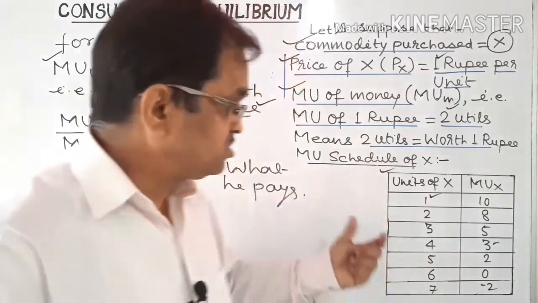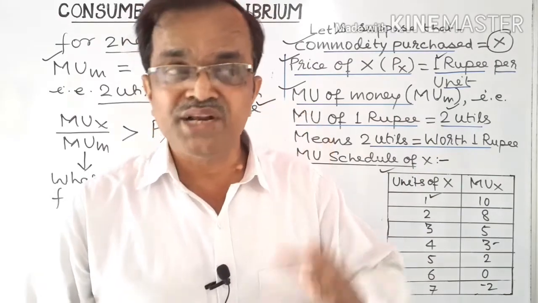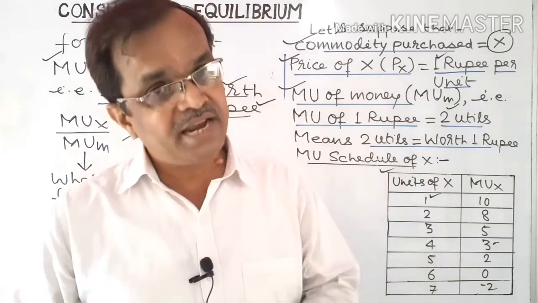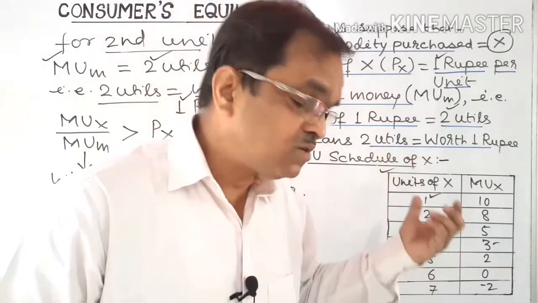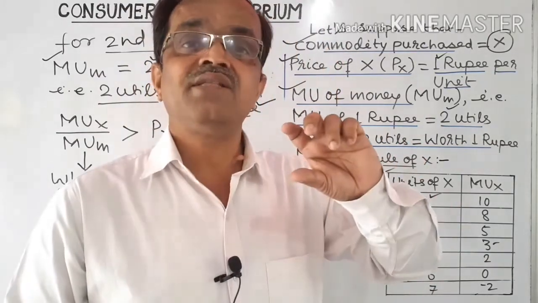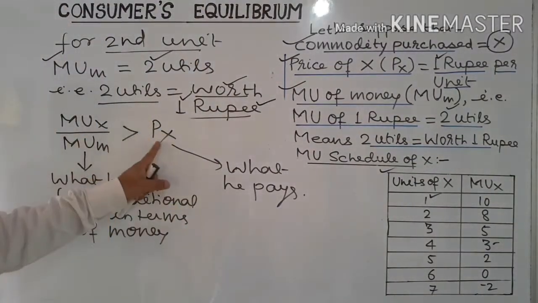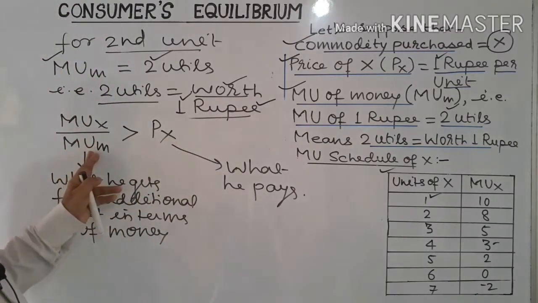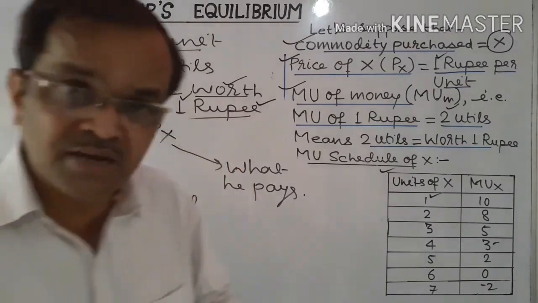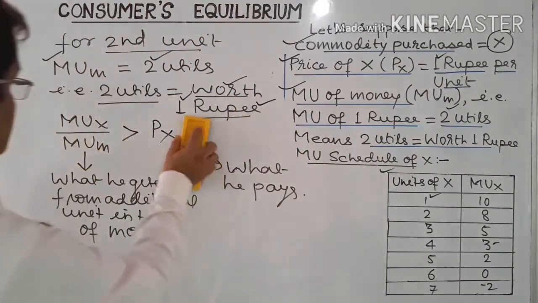Why? Because the satisfaction that the consumer gets in terms of money is more than the price paid. And therefore, how did the decision come? Just after making the comparison of the two, that is the price paid and the satisfaction in terms of money. And if the satisfaction in terms of money is more than the price paid, then the consumer decides to make the purchase of that commodity.